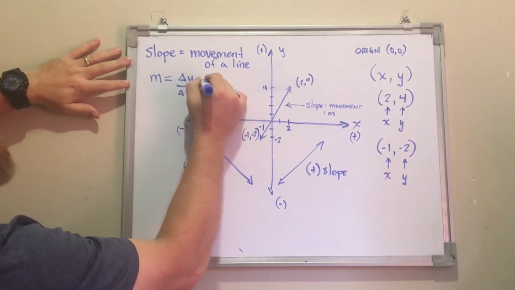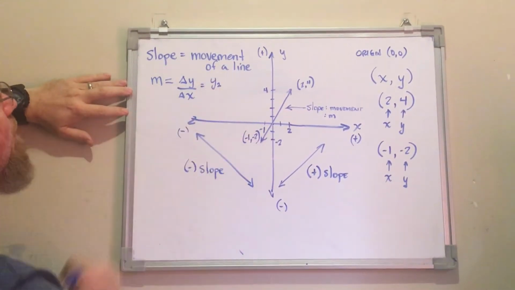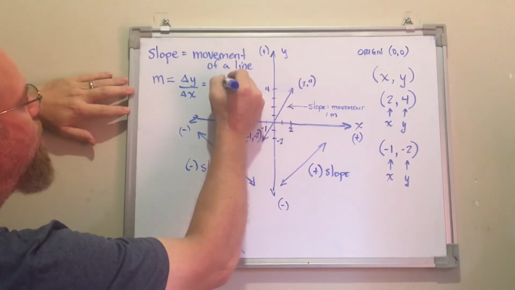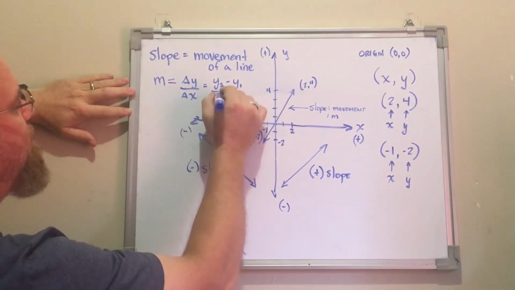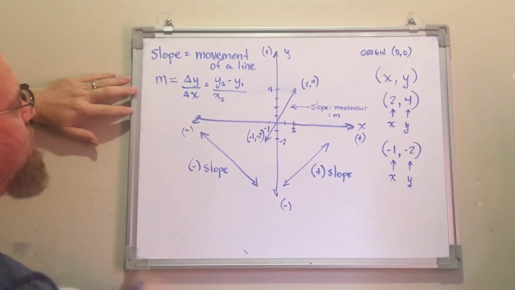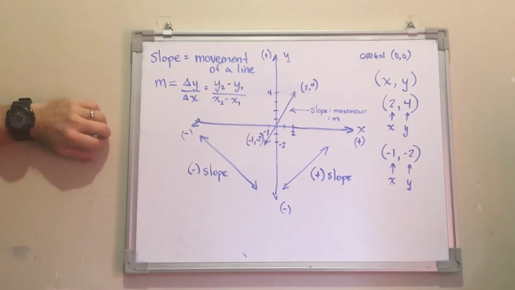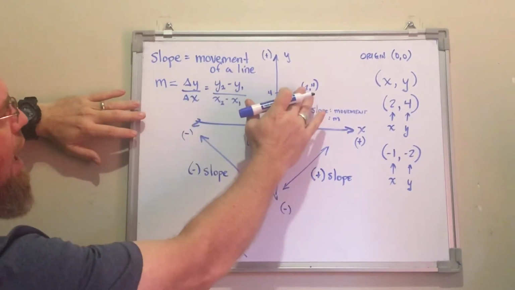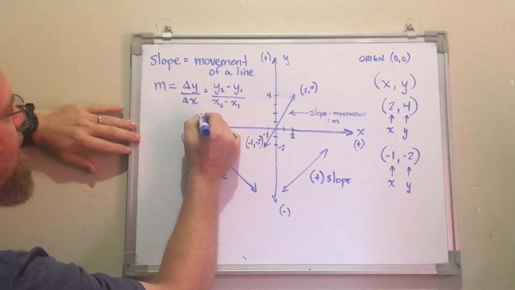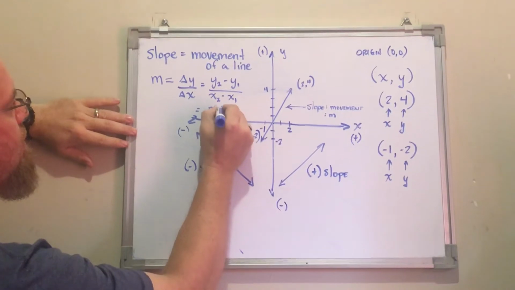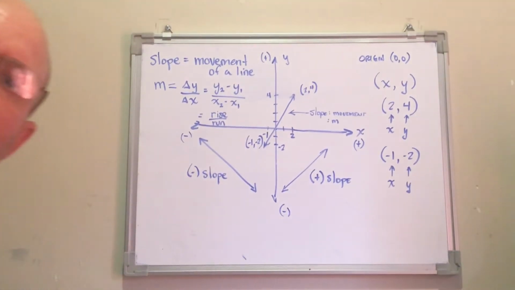And a change is a subtraction. So we can take the value of y in point 2 and subtract it from the y value of point 1, and then on the bottom we take the value of x in point 2, and we subtract the value of x in point 1. So it is a change of y over the change of x. Another way to look at slope is rise over run. And the video from Khan Academy went over that with you guys.